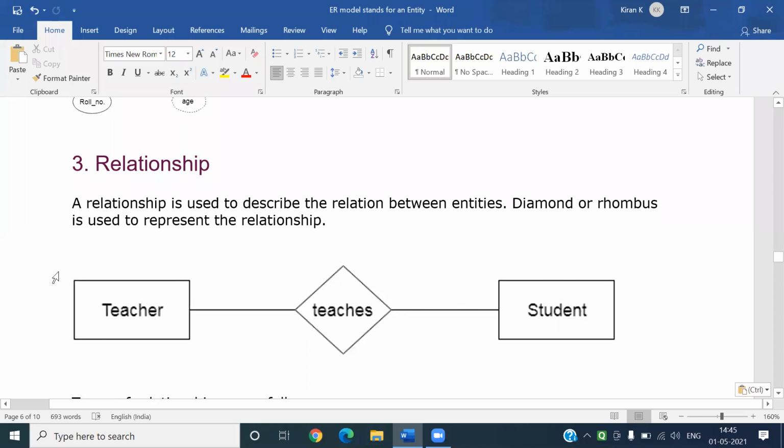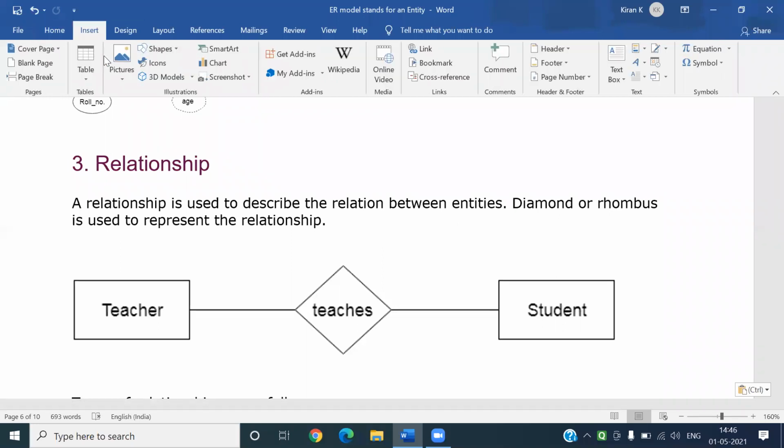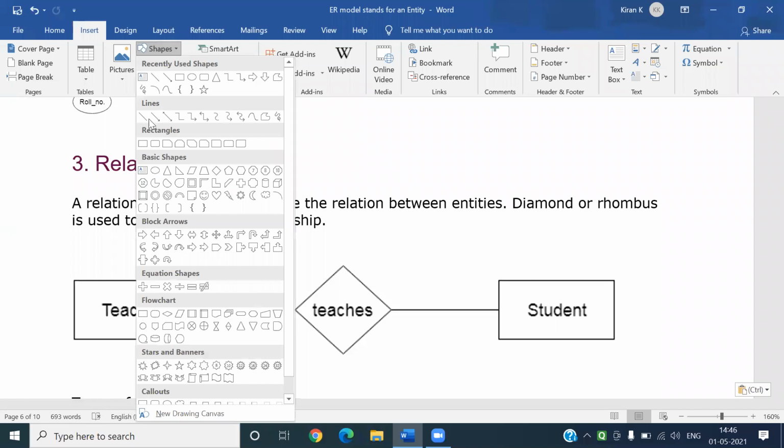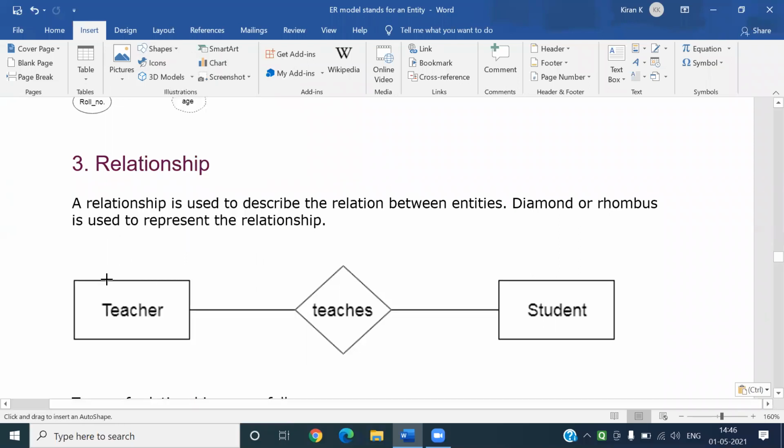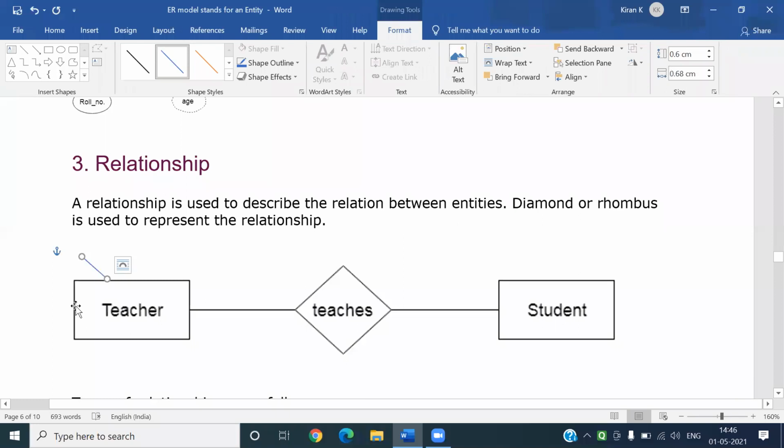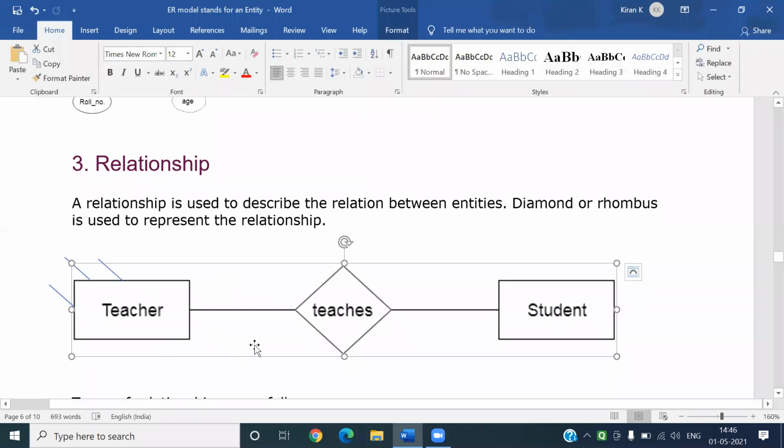Teacher may have any number of attributes, my dear students, like teacher name, address, phone number, likewise any number. What he teaches: courses or subjects.